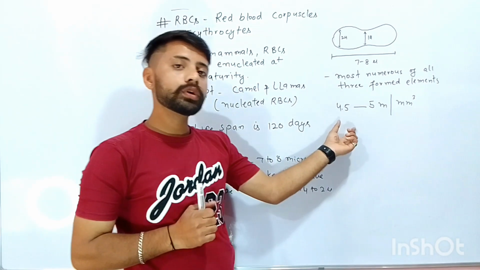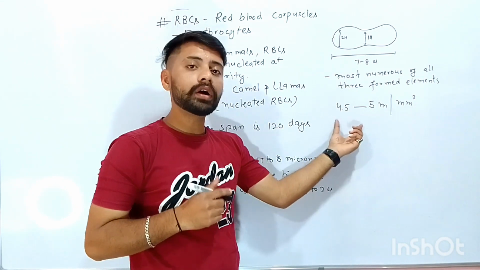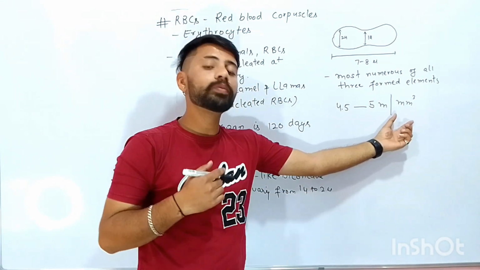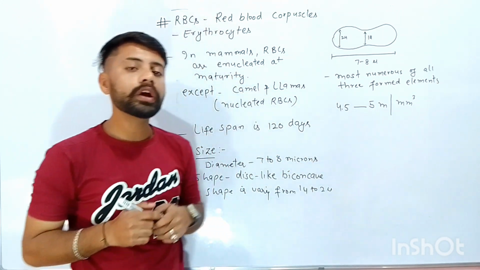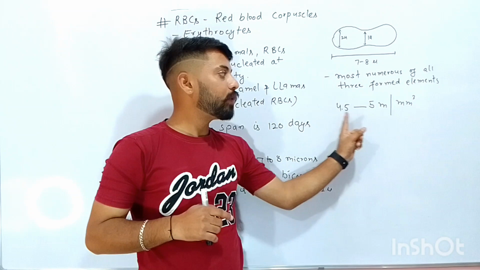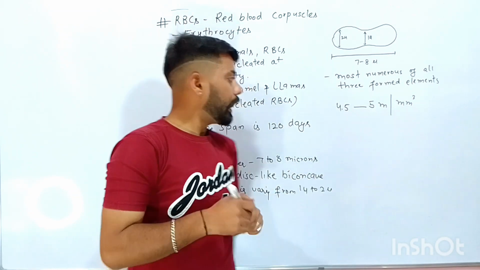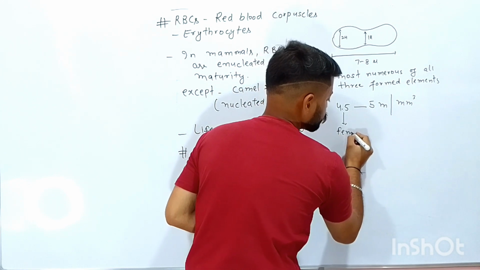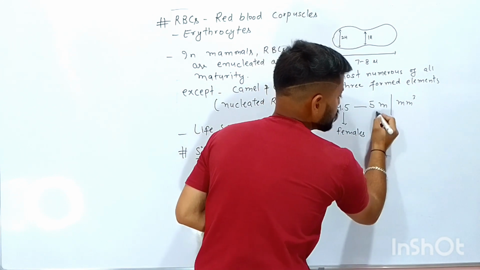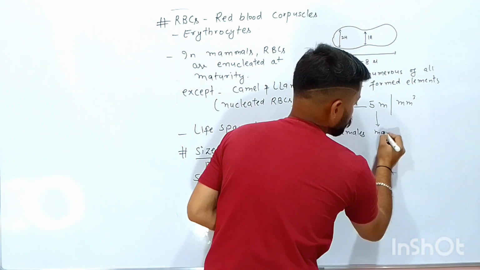So when we take a smear of blood and take the area, that is a cubic millimeter, in that blood the number of RBCs varies from 4.5 to 5 million, with the lower number found in females and the higher in males.